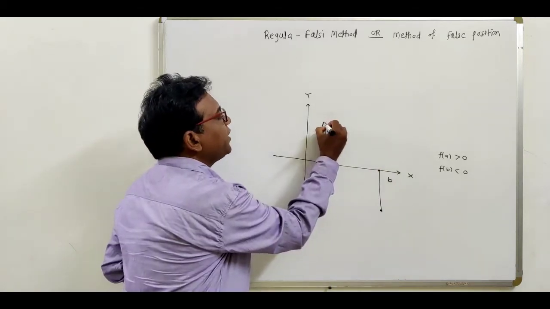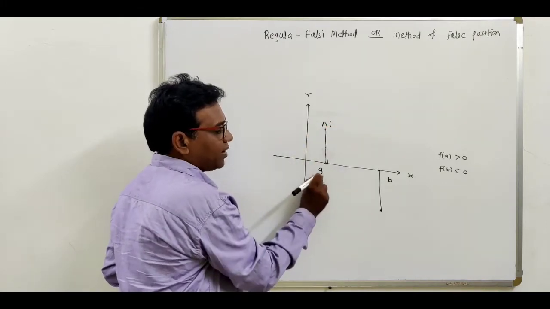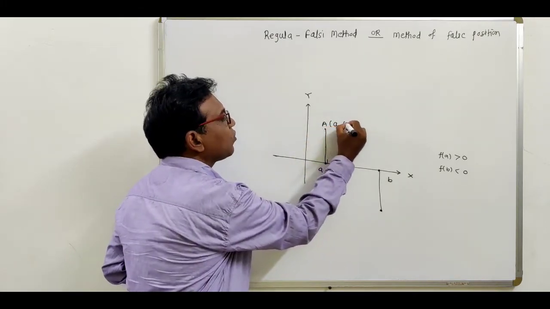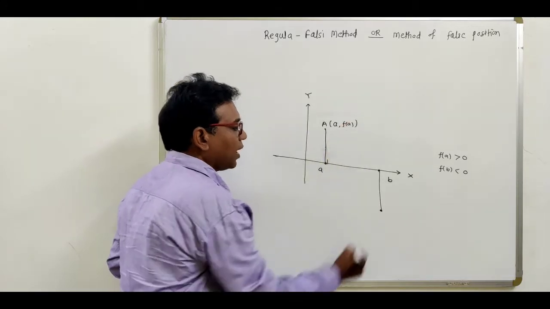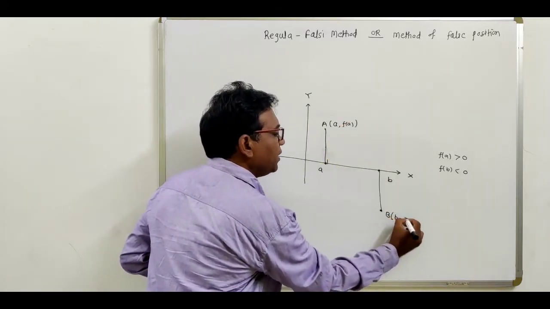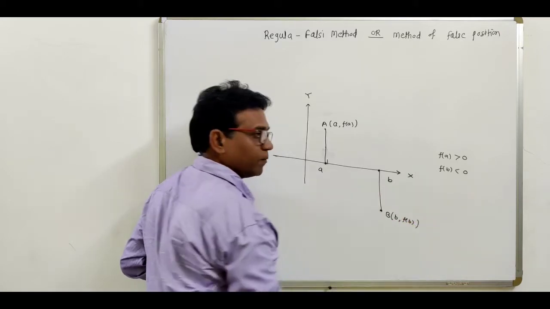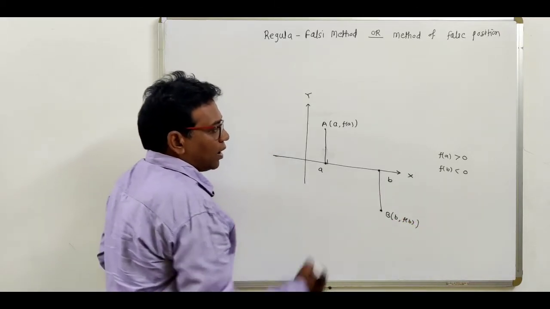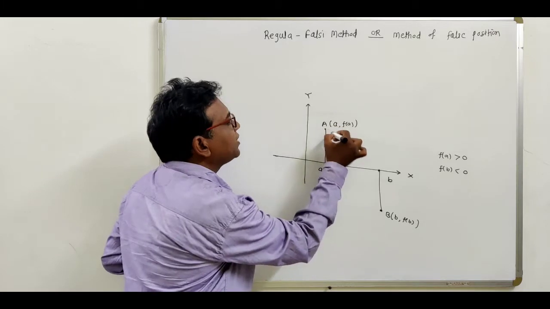So this point a has coordinates (a, f(a)), and suppose this is a point b which has the coordinates (b, f(b)). And consider the function like this.